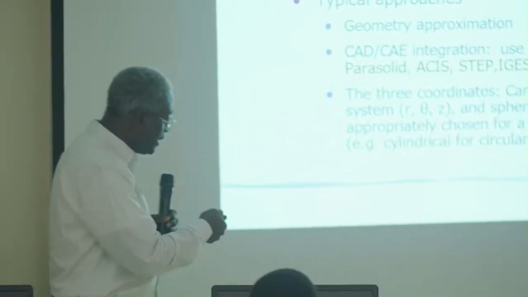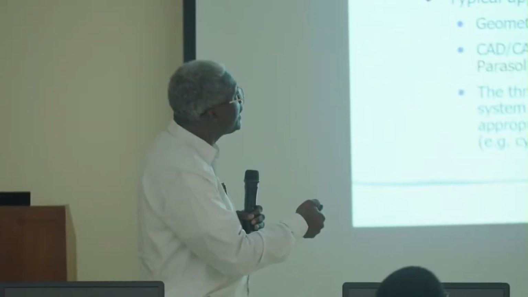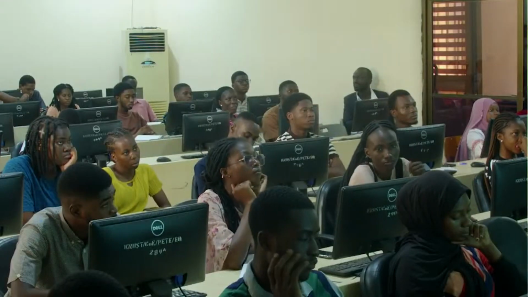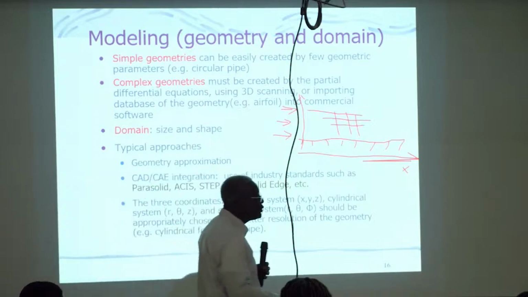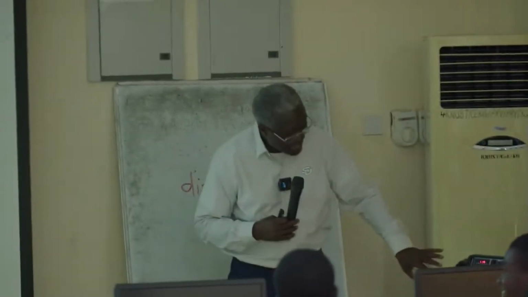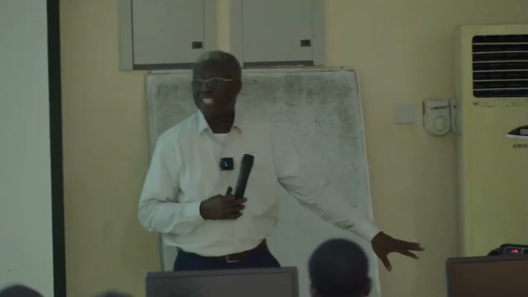You see, in CFD, we always have to come up with a geometry. That geometry requires us to be able to represent it pictorially using a drawing. In some cases, you can just use straight lines to represent it. In some cases, you have to use really curved, complicated structures. If I take a look at this speaker, if I'm to draw it, it's a complicated structure.